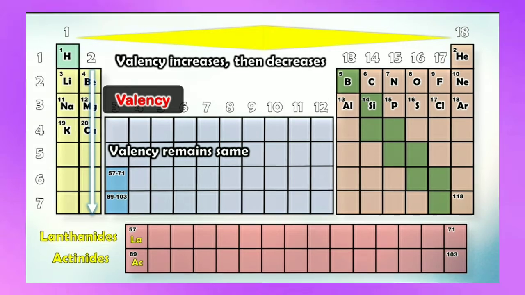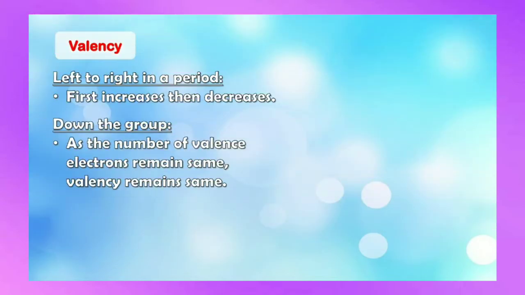Left to right in a period, first it increases, then decreases, and down the group, as the number of valence electrons remains the same, valency also remains the same. Understood, children? Good.